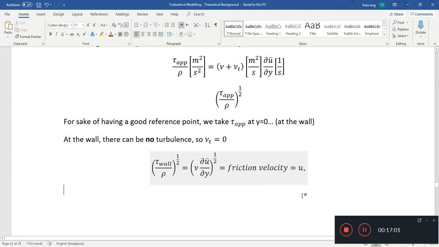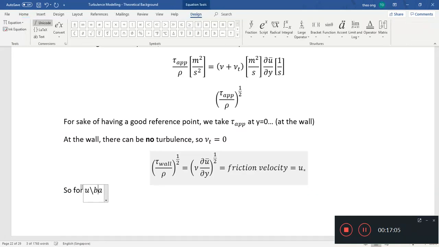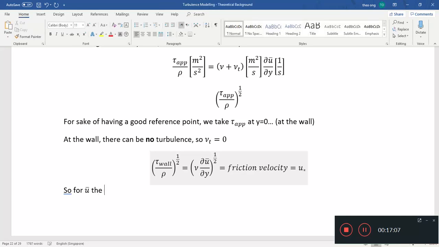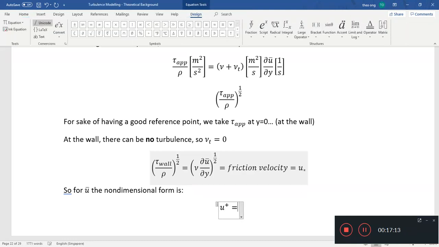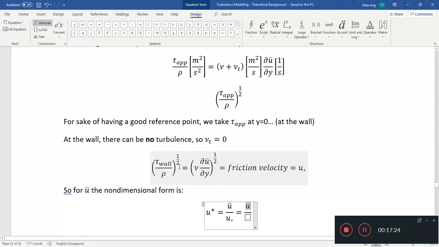So for u or u bar, the non-dimensional form is u plus equals u bar divided by u star, which equals u bar divided by this friction velocity.